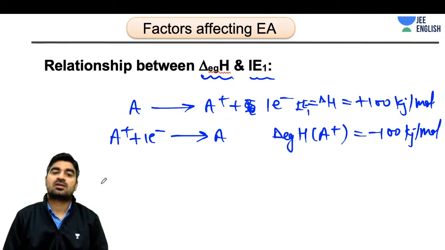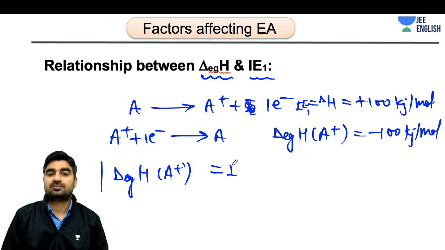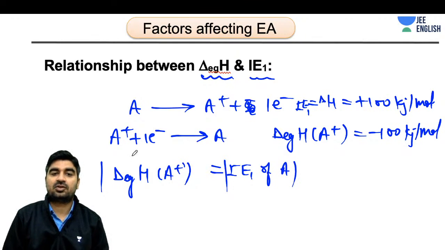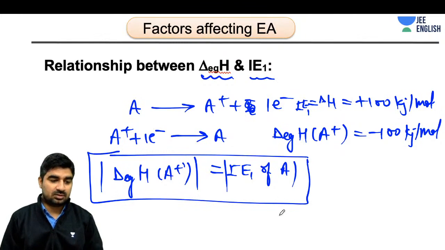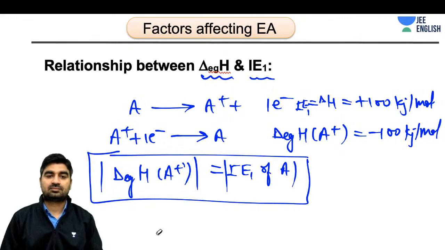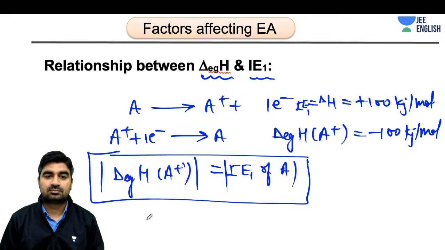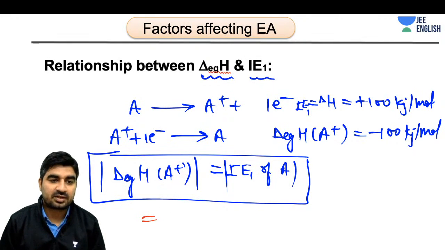Why am I telling you this? So I can say the magnitude of electron gain enthalpy of A plus will be equal to ionization energy of A. Their magnitude will be the same. Note it down, guys. Any doubt? No doubt. Let's move now.